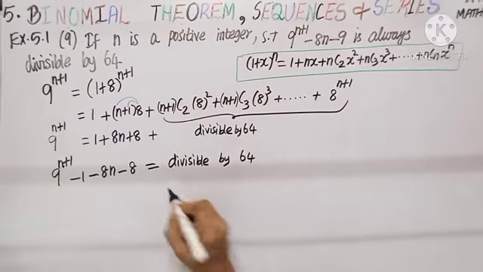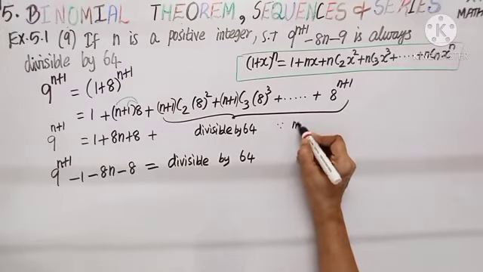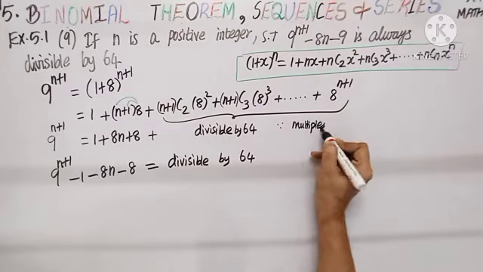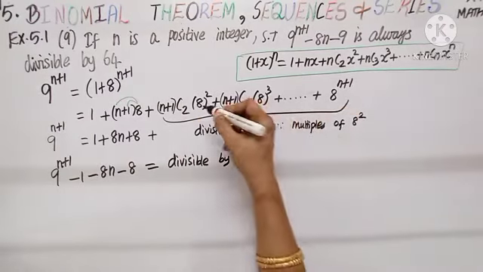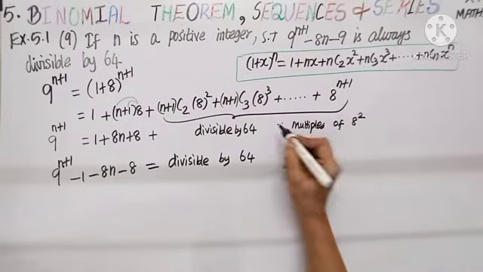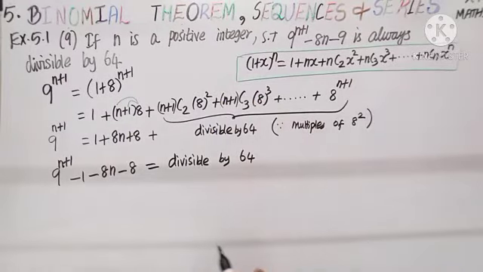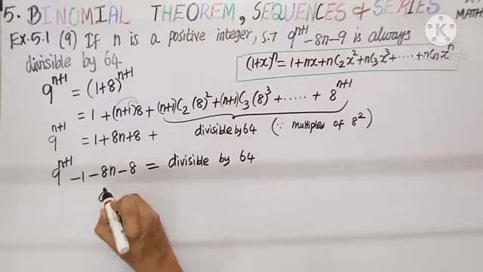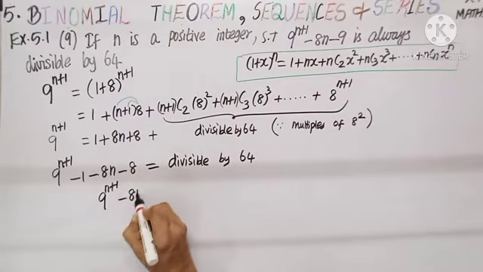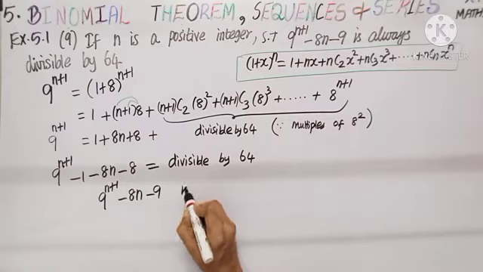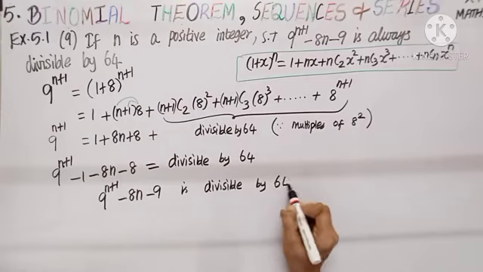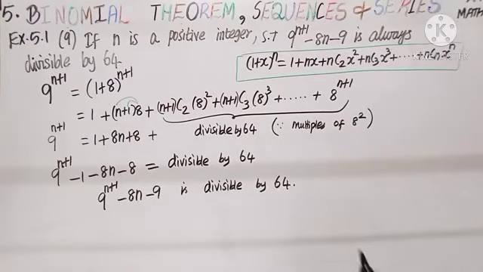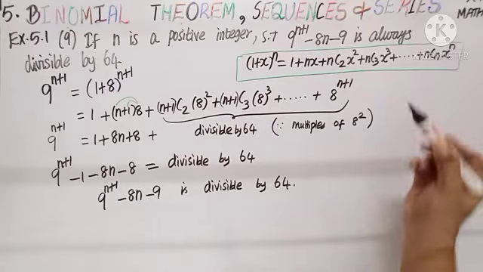Since they are multiples of 8 square: the first term is 8 square, and after that it is 8 power 3, 4 like that. So multiples of 8 square tell me they are all divisible by 64. So I am left with 9 power n plus 1 minus 8n minus 9 is divisible by 64. So instead of doing the induction procedure, I can also use the binomial theorem to prove the result.